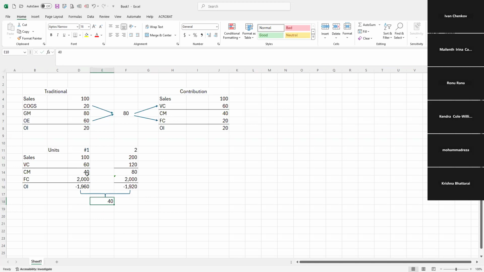The $40 came from the contribution margin per unit. Why? Because we're selling one additional unit. So the contribution margin from that additional unit now transfers into an increase in our operating income. Make sense?